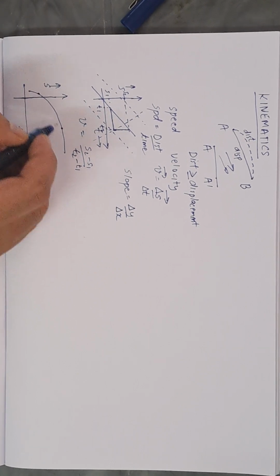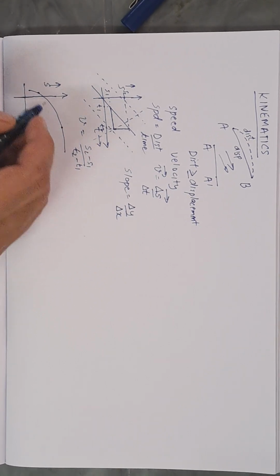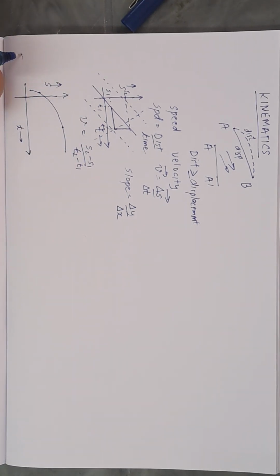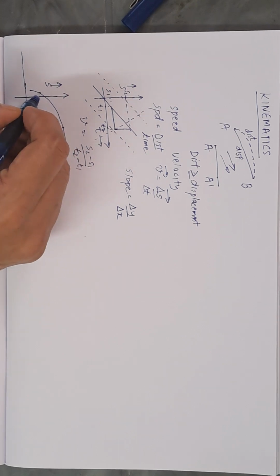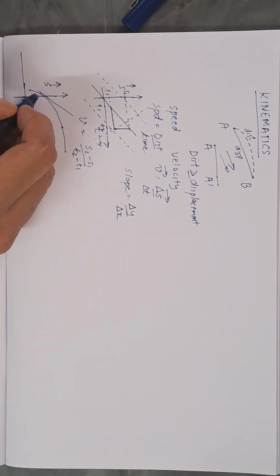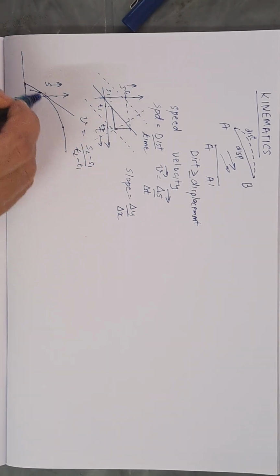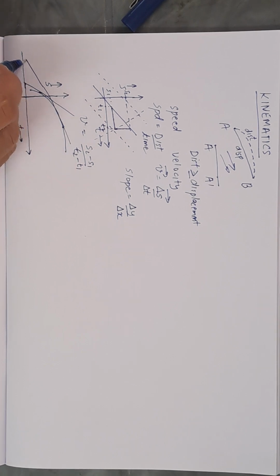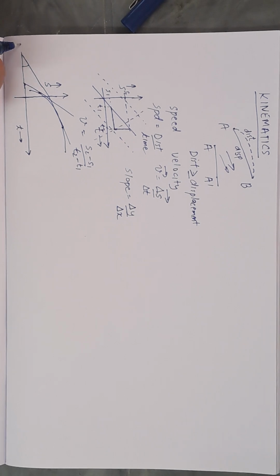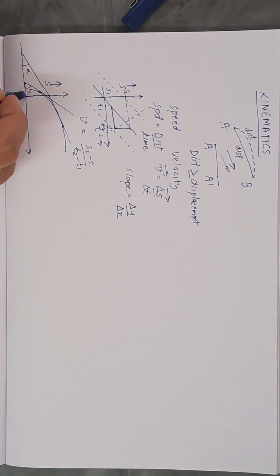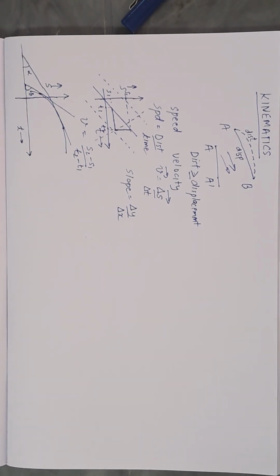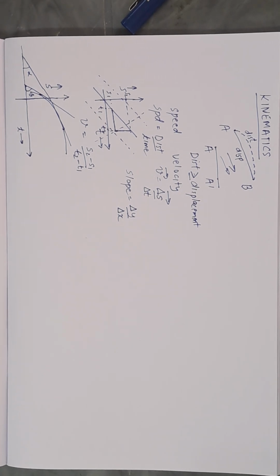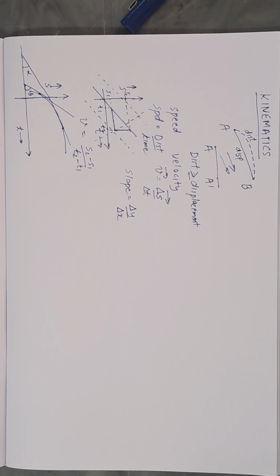If you take this point, this will have a certain slope. And what is the slope at a point? Just draw the tangent to this particular curve at this point. The angle that that tangent will make with the horizontal axis, the tan of that angle is the slope of the curve at that point.